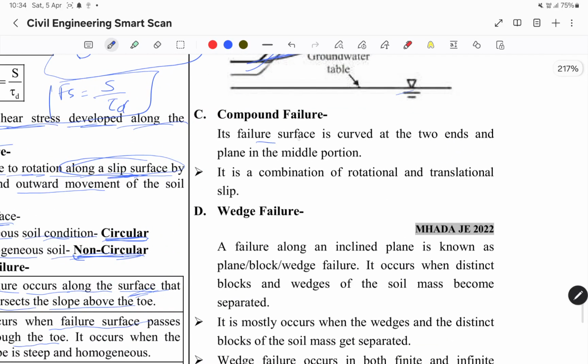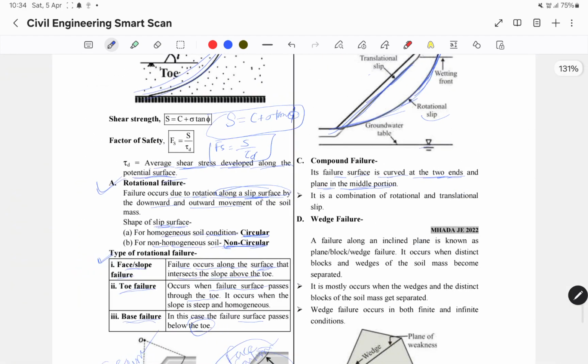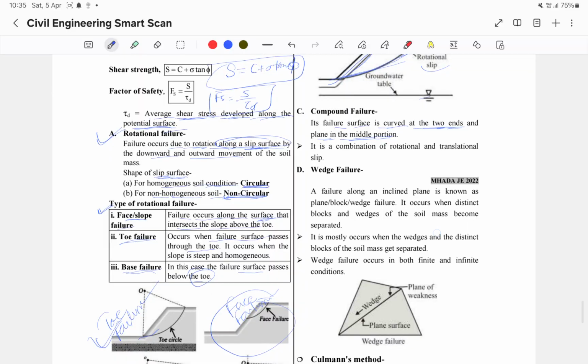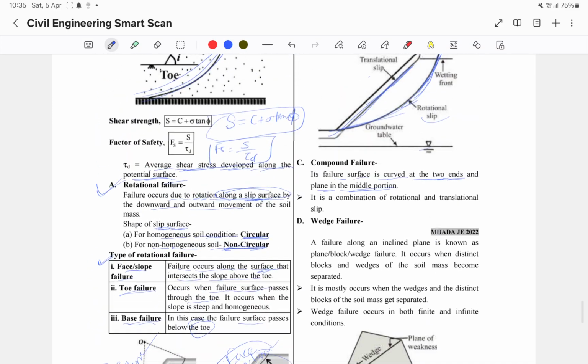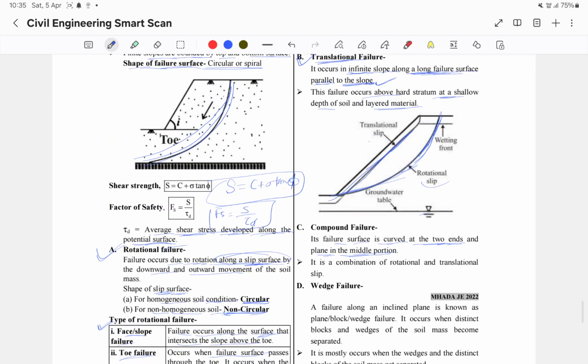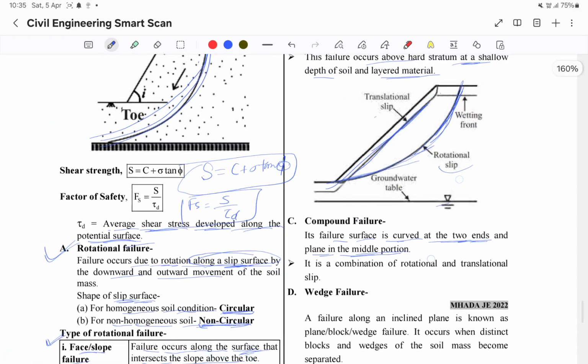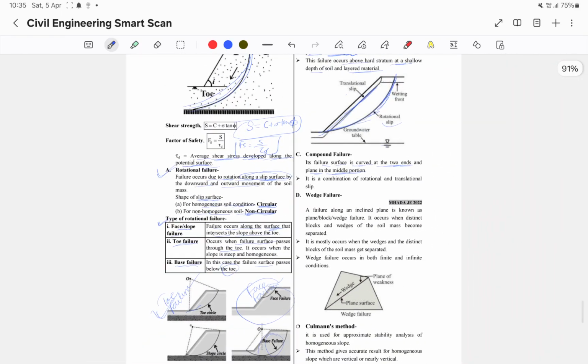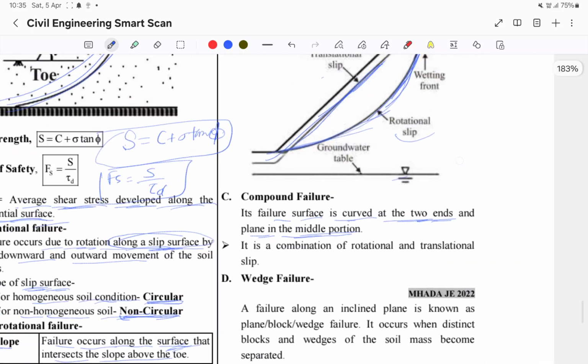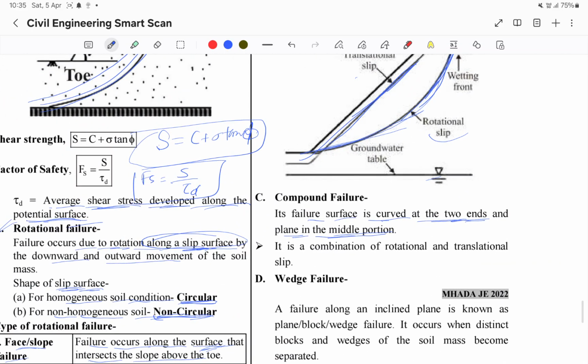Compound failure: its failure surface is curved at the two ends and plane in the middle portion.